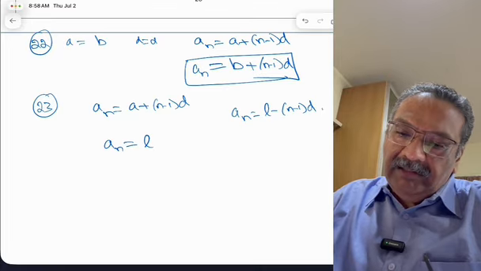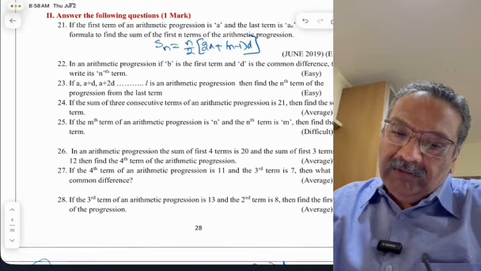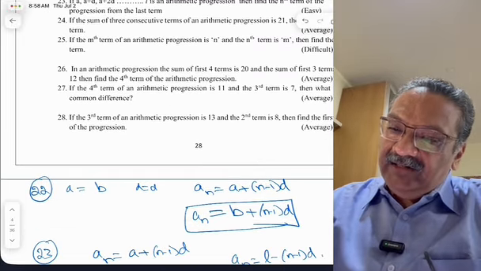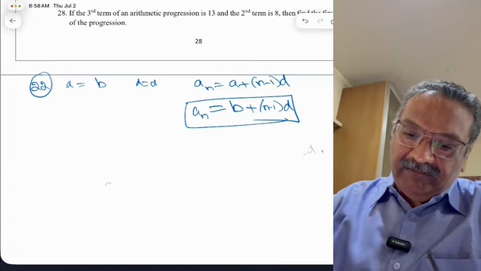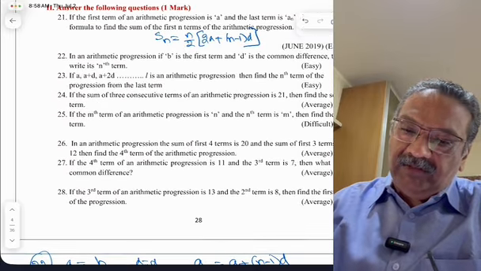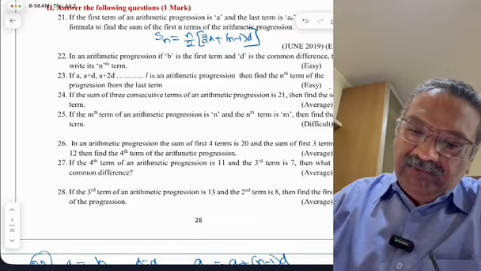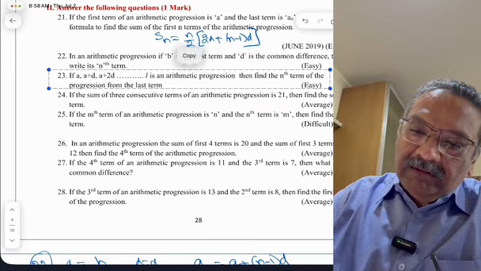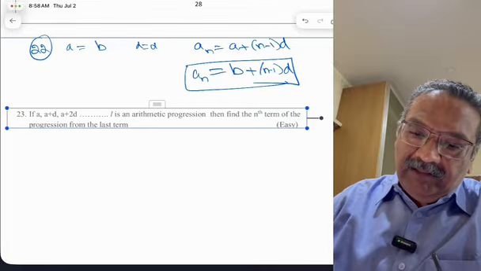It is given, An is equal to last term minus n minus 1 d. Okay, nth term of the progression. Okay, this is a nice one. Let me clarify this. Though we have mentioned it as easy, you have to understand. I will take the question outside. Okay, it's a nice question.